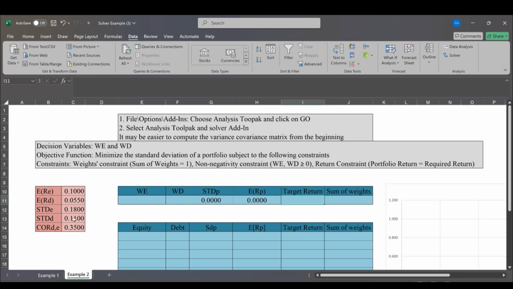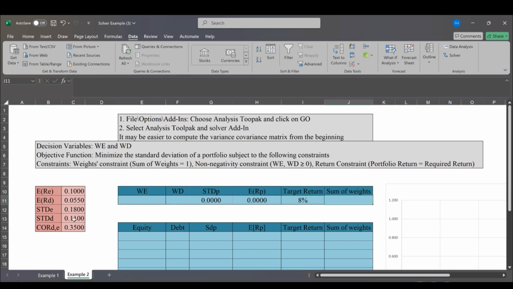On the flip side, if I have a negative allocation to equity, meaning I'm shorting equity and investing more than 100% in debt, my return is going to be less than 5.5%. So here, because short selling is not allowed, I need to choose a value between 10% and 5.5%. So let's say I choose 8%.